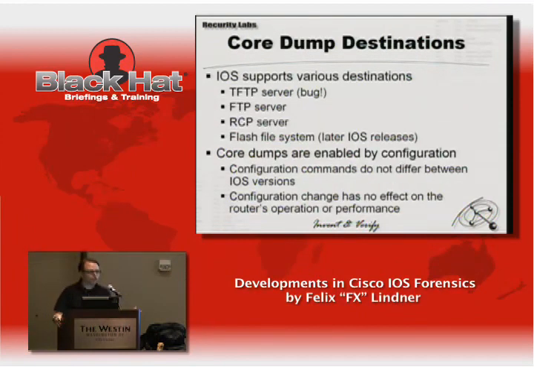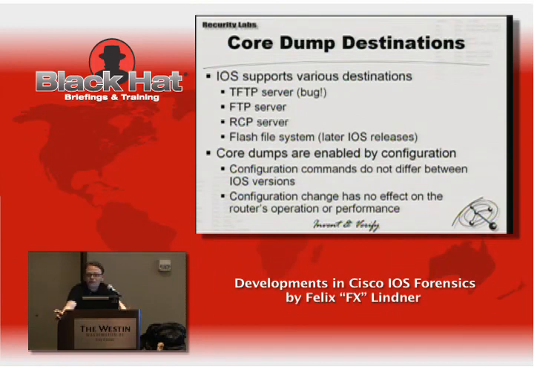So where does a core dump to? I mentioned it doesn't have a hard disk, luckily enough. It supports various destinations. So you can core dump to an FTP server, which is the preferred method, or an RCP server. Later versions can even core dump to the flash file system, which is notoriously filled up with clutter like iOS images and crash infos.